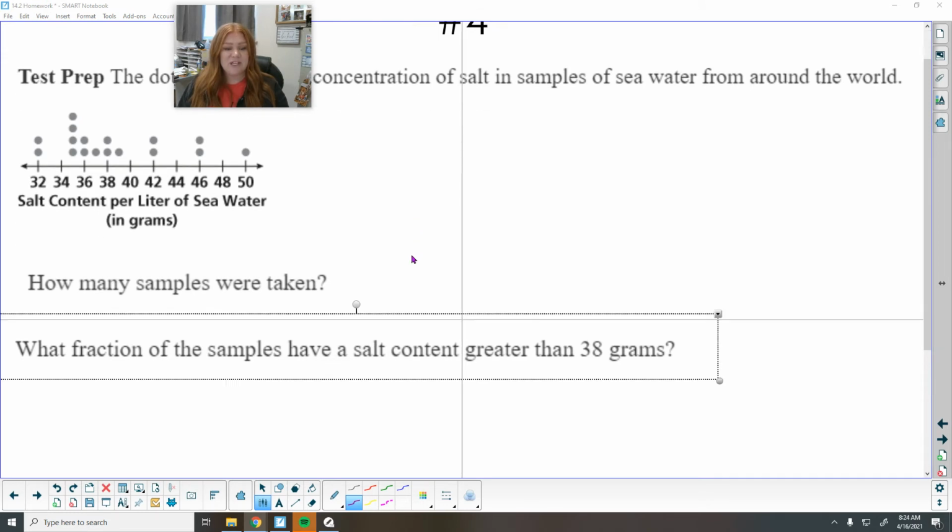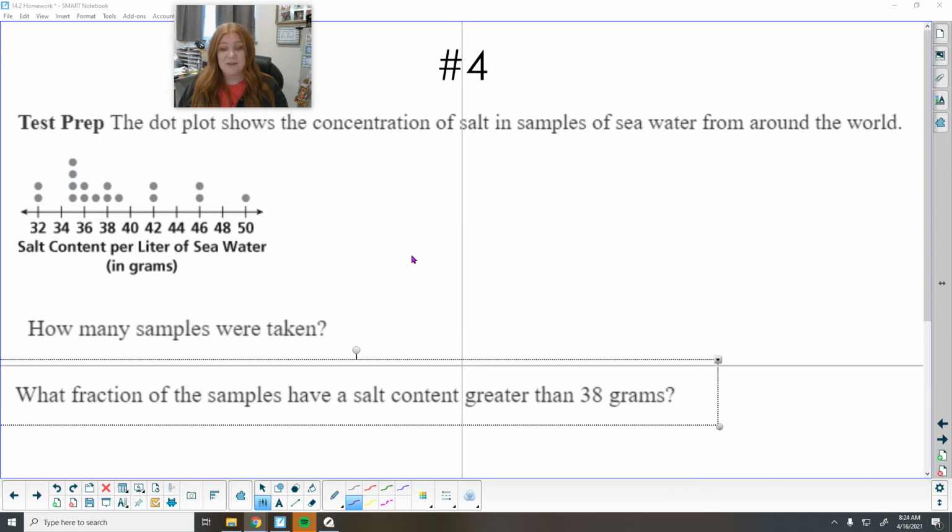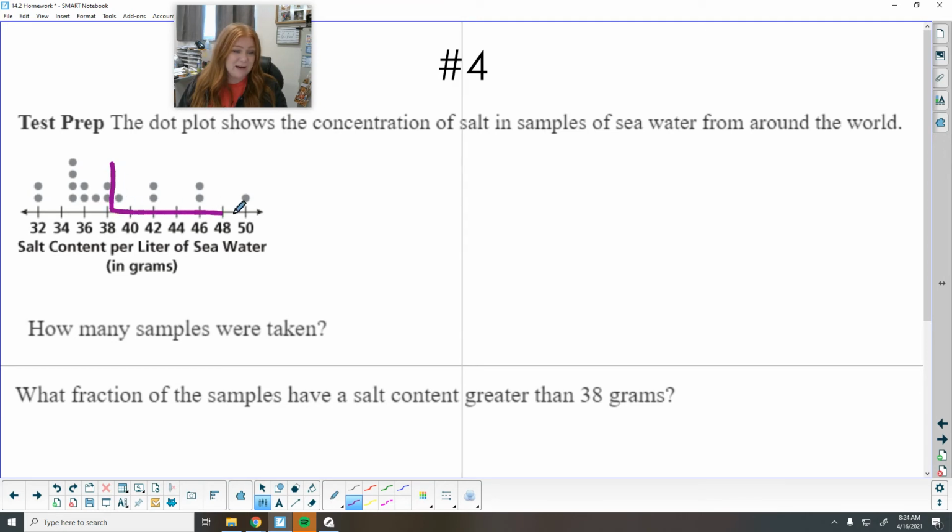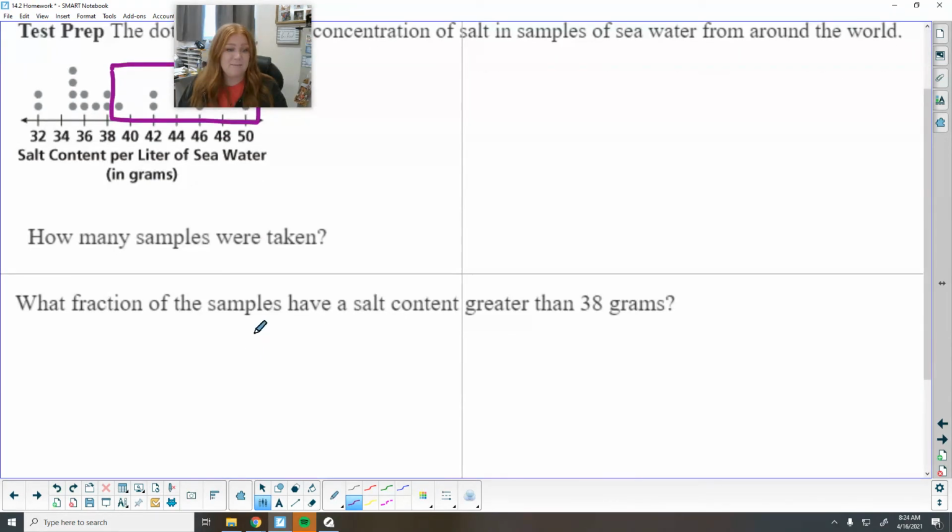And then what fraction of the samples have a salt content greater than 38? So not 38 or greater, just greater than 38. So we're going to split it right here. So these ones, 1, 2, 3, 4, 5 of them have greater than 38, and our denominator is going to be out of the total.